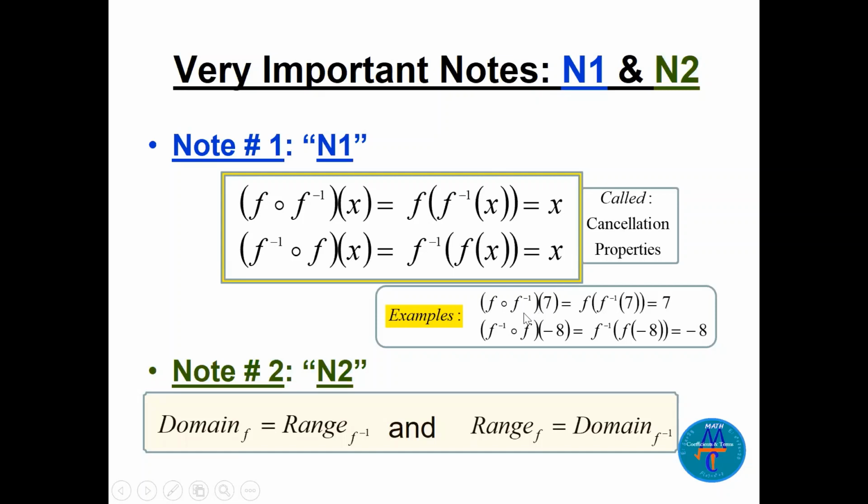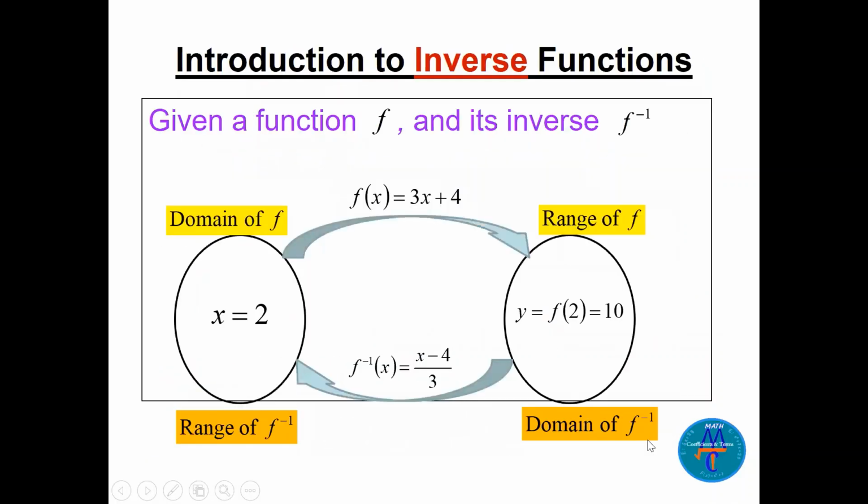You don't have to find the inverse of f. Now, note number 2: the domain of f is the range of the inverse. Just remember that always. And the range of f is the domain of the inverse. We can see that from here: domain of f, range of the inverse; range of f, domain of the inverse.